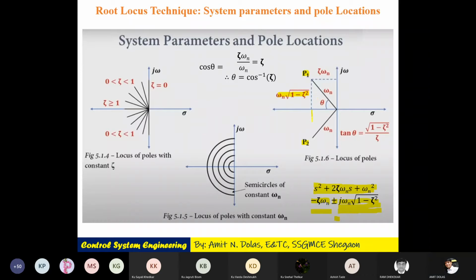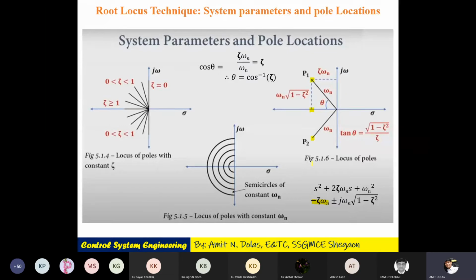And if you draw a vertical line through the intersection of these 2 points, here will be your real part, and that real part value is nothing but zeta omega n on the left hand plane. That's why it is a minus sign. Now these are the poles located here and here, complex conjugate poles.